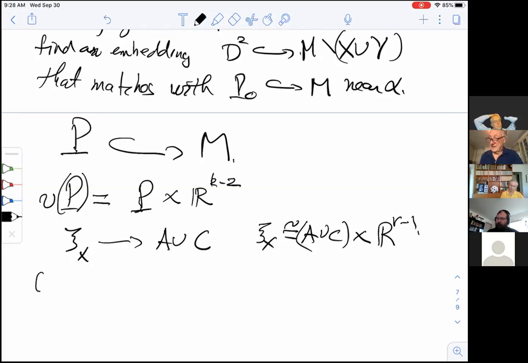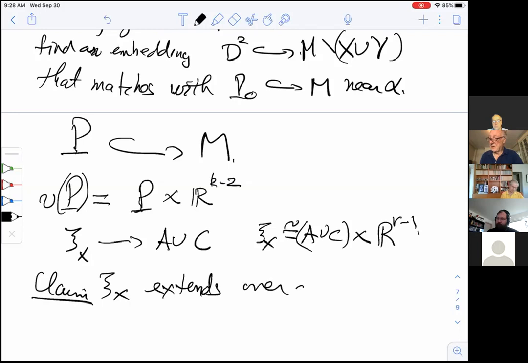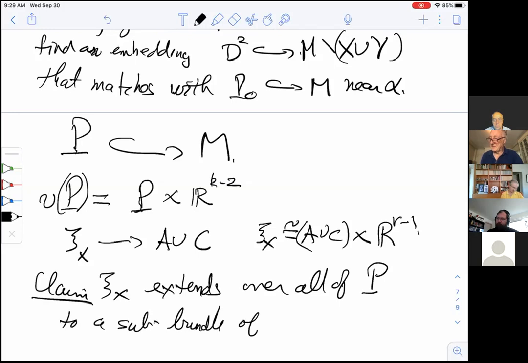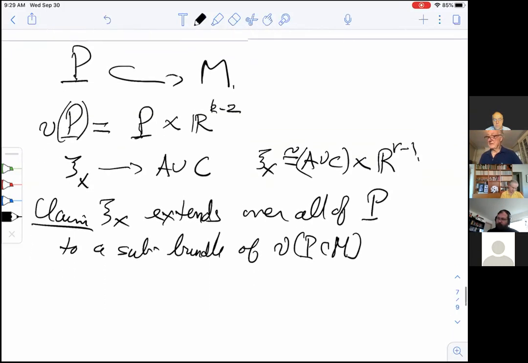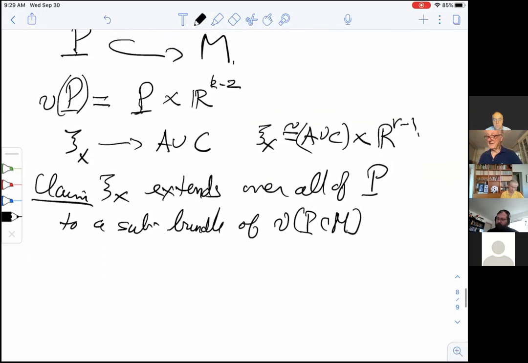Okay. My next claim is that this bundle, C, extends over all of P to a subbundle of the normal bundle of P in N. So what kind of question is that?